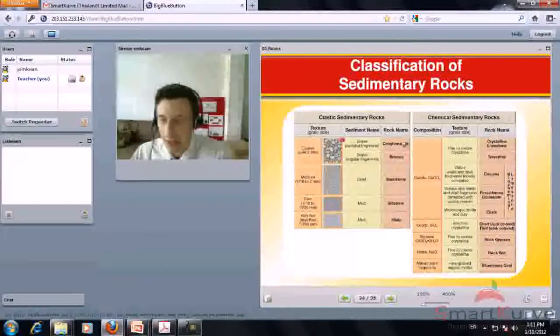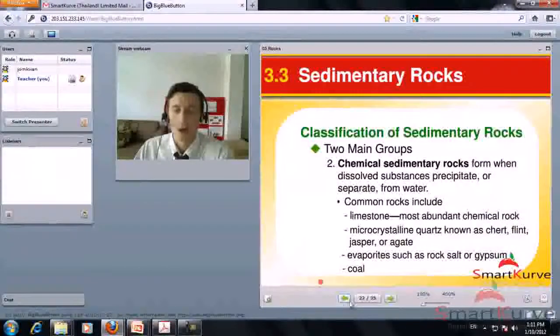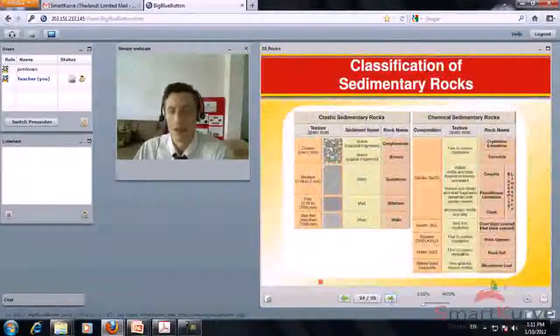And that's how we break down our clastic sedimentary rocks. Remember, the rocks that were formed by erosion and settling. Then over on the right side, we have our chemical sedimentary rocks. Remember, those are the rocks that were formed by precipitates, like the salt in our salt farms.